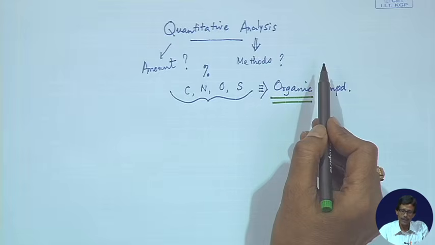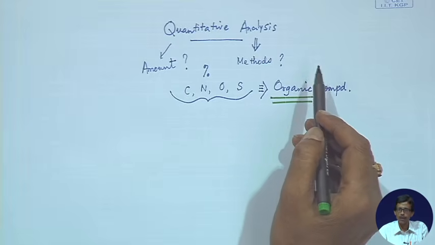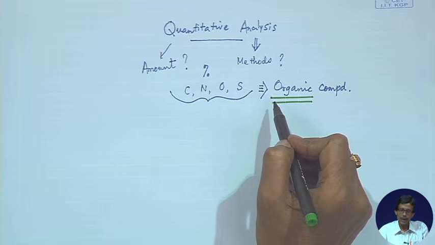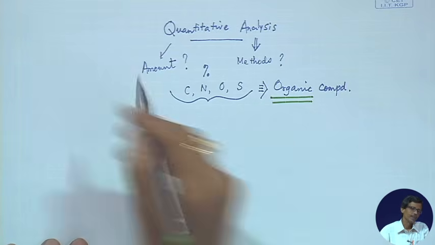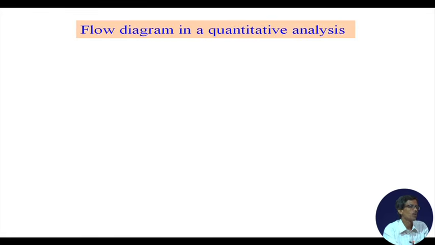So, we must know the corresponding method and how we can proceed from one step to another, that means the flow chart or the flow diagram which can be applied for this particular analytical technique. In these introductory classes we just give some idea about the corresponding flow diagram in a quantitative analysis. The technique is that you have a quantitative analytical method and how we can proceed from a particular step to the next.